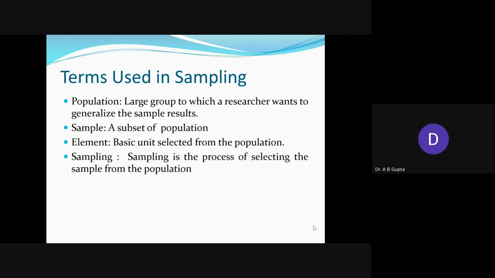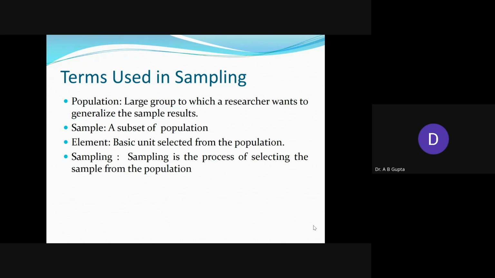Okay, it is not only limited to persons. It can also be related to some object. It can also be related to some organization, some institutes.